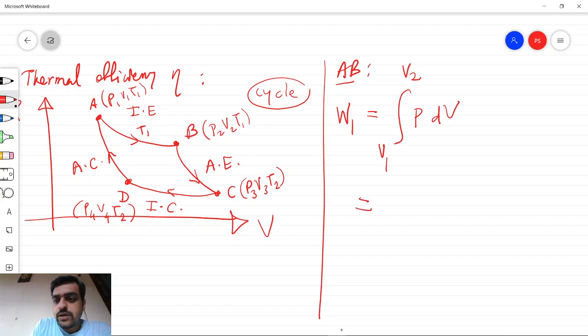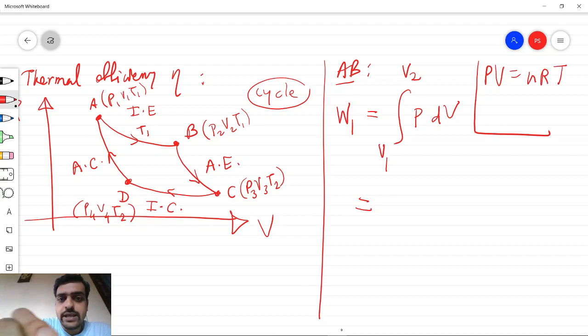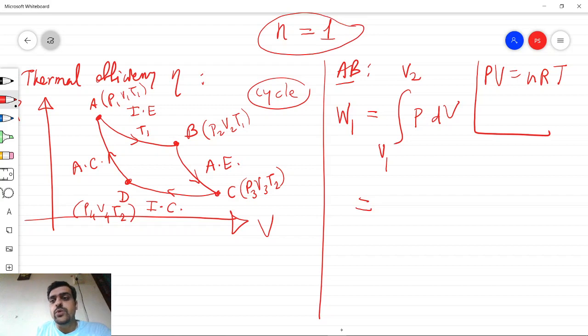So if we consider the ideal gas equation, PV is equal to nRT, but we note that in our case the gas inside the cylinder is equal to 1 mole. So this n can be removed since n equals 1. So P here is equal to RT by V.